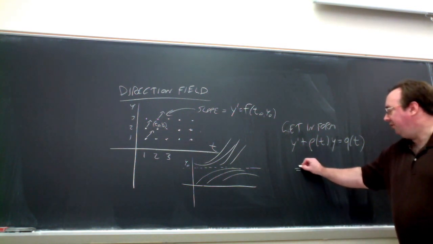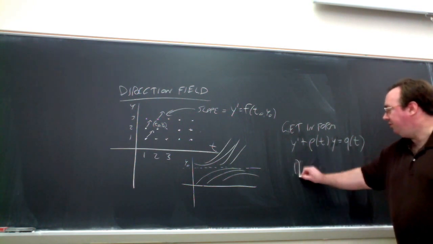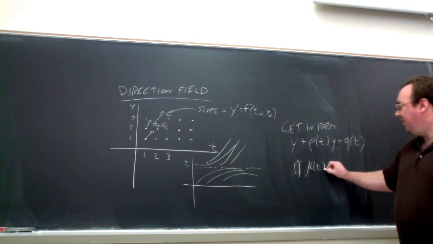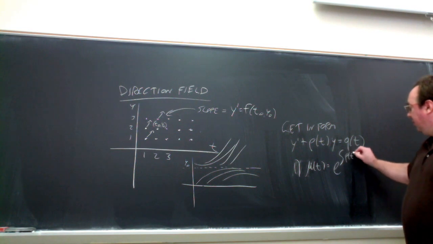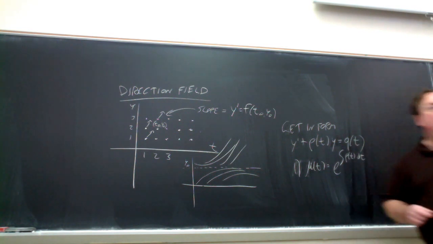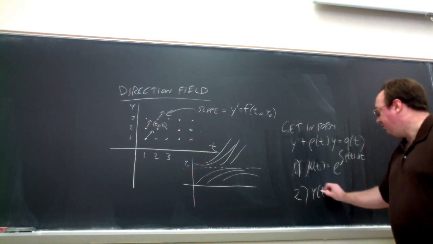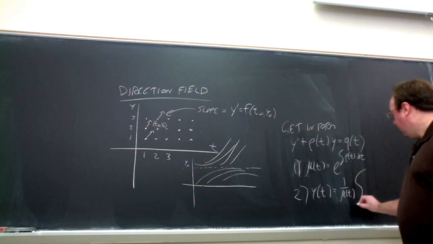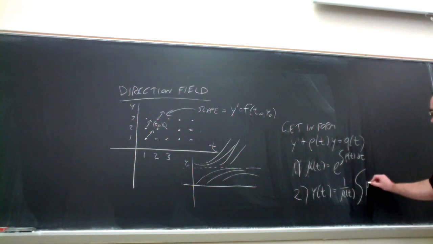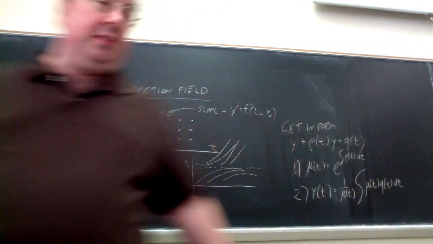In that case, what you can do is, really, there's two essential steps here. Your integrating factor, e to the integral of whatever p of t is. And then once you have that, you have this solution formula that was derived in class.